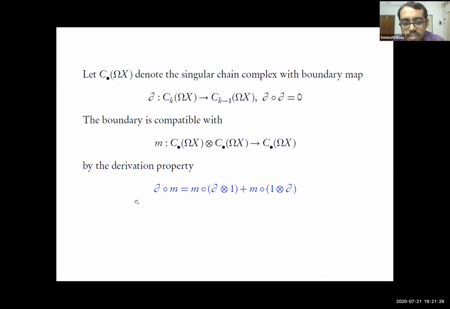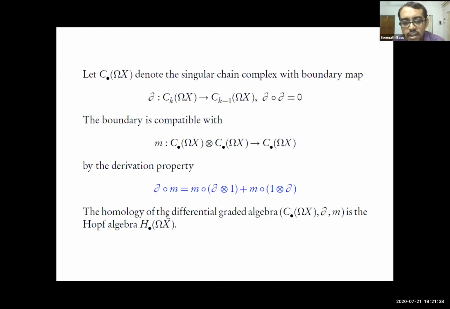That means you can multiply two chains and then take boundary, or you can take boundary and then multiply, and it will be the same. All that means is that the homology of omega X becomes a Hopf algebra. So it incorporates all this extra structure of M and delta. We'll use this later on in a moment.